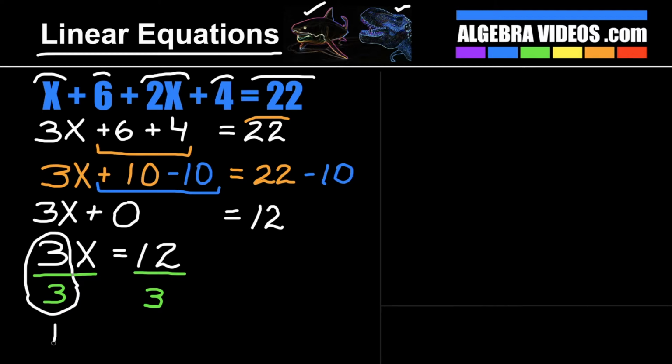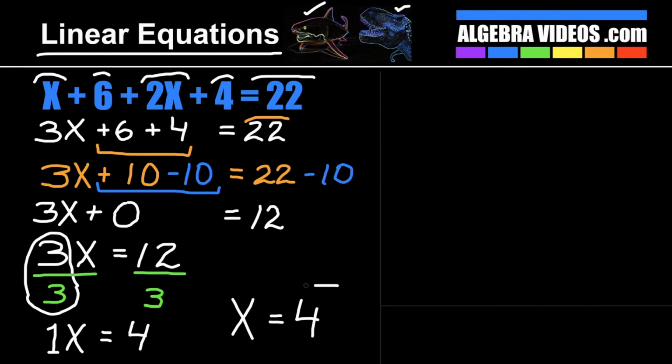So that cancels just to the number 1 times x, 1x, equals, and what do we have on the right side? 12 divided by 3 is 4. Now, 1x is just x, right? We don't need to say 1x. 1x is the same as x. So now our final solution is x equals 4.